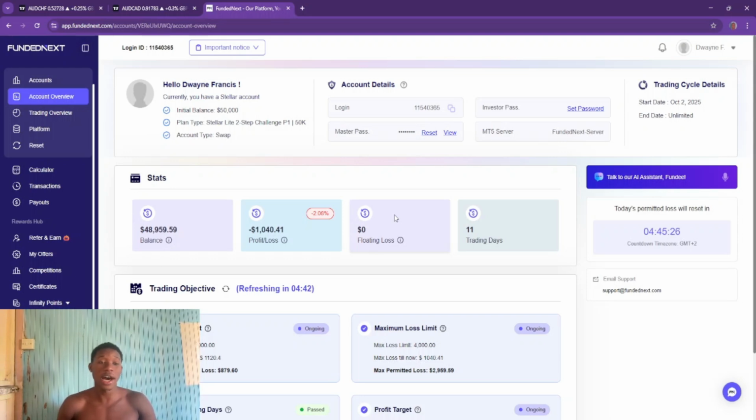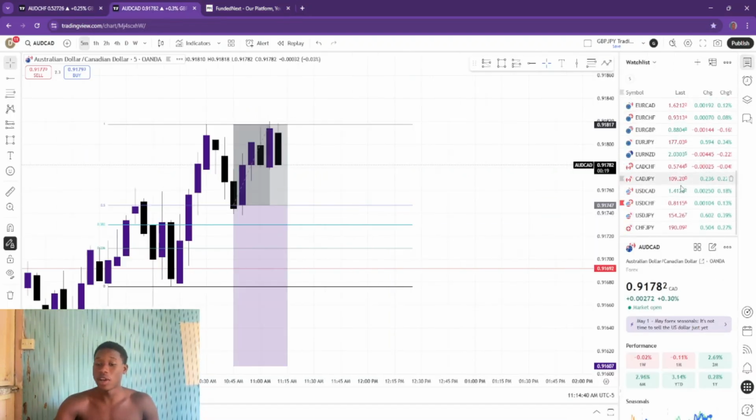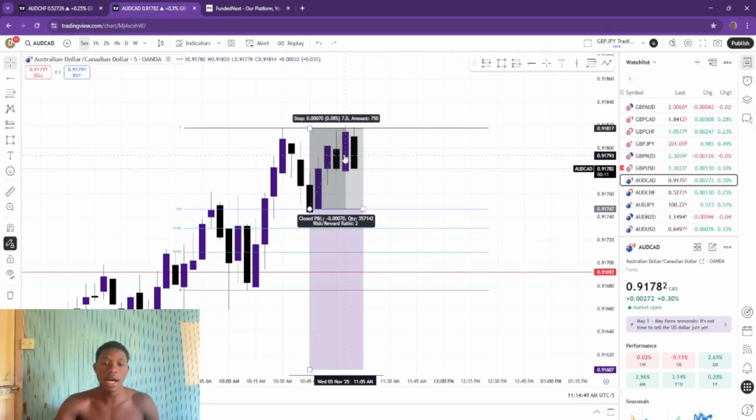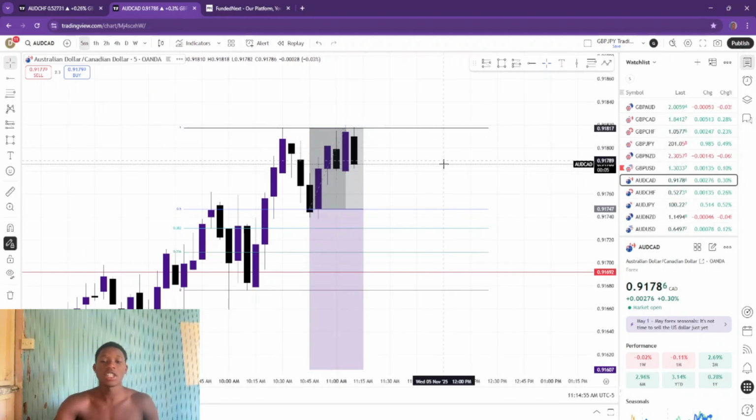We also found out that some forex pairs have high spreads, because I trade all of these forex pairs, looking at them between 9:30 and 12 o'clock. For example, the trade on AUD CAD got me out of the trade around that level when it was supposed to get me out at that level, just because of the spread.